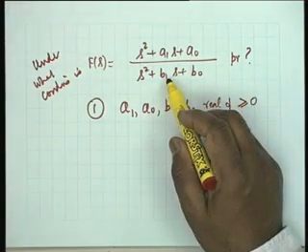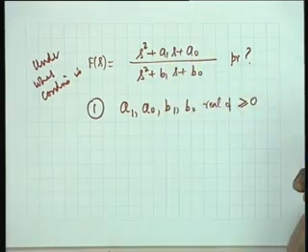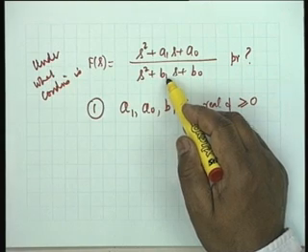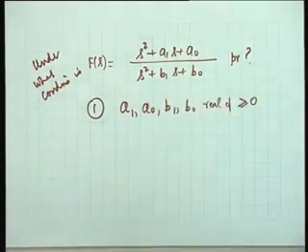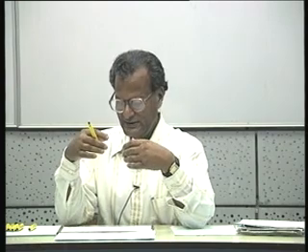Suppose b1 is 0. Under this condition, what are the constraints on a1, a0 and b0? Well, if b1 is 0, obviously we shall have poles on the j omega axis, and these poles are simple, either at plus j square root b naught or minus j square root b naught. And the residues there, how do you find the residues?